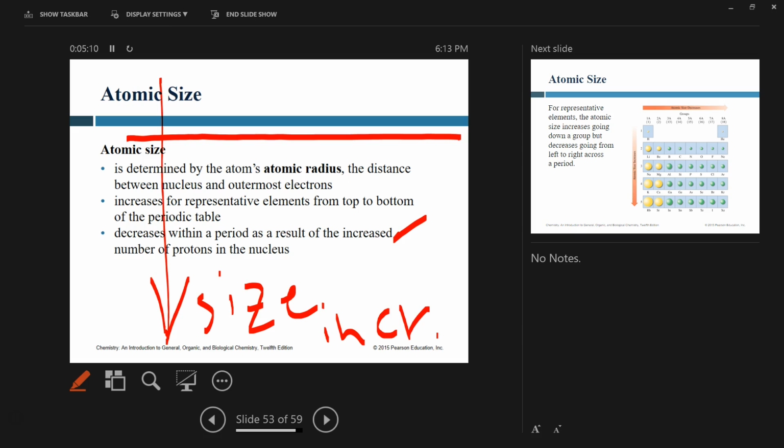What is the number of protons for lithium? 3. What is the number of protons for fluorine? 9. What is the charge for a proton? 1 plus. So the total charge of the nucleus in the lithium atom will be +3. The total charge in the nucleus of the fluorine atom will be +9.